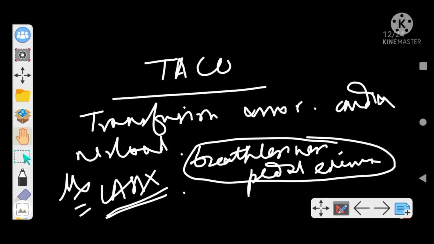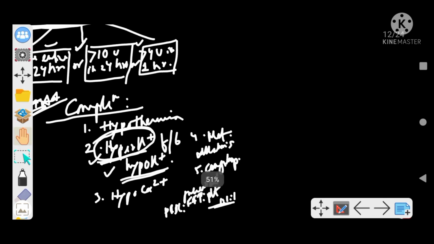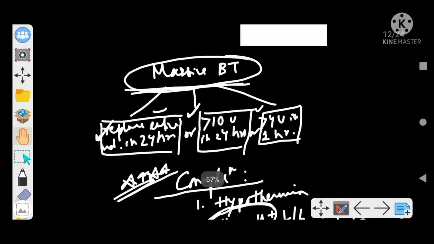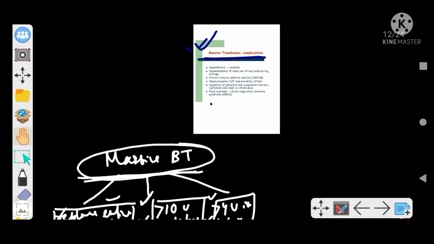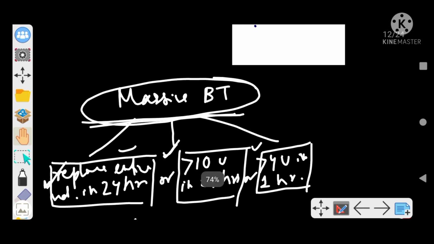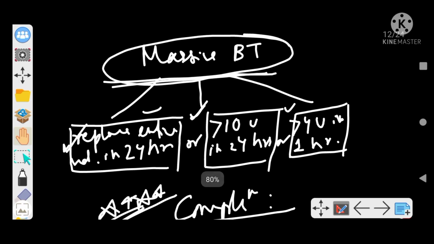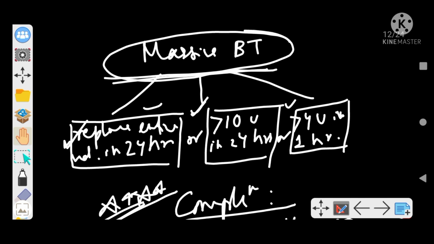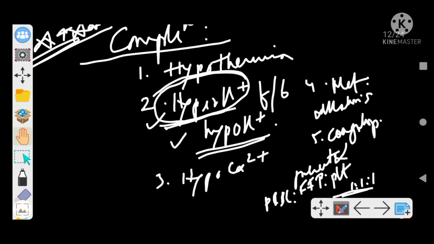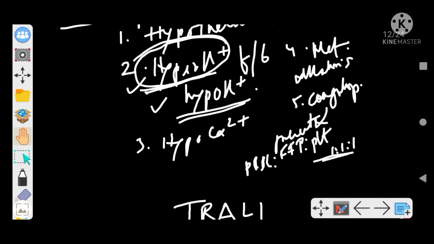So we will revise all the important points once again. First of all, we discussed hypovolemic shock, and then we came to massive blood transfusion. It is a replacement of entire blood volume in 24 hours, or more than 10 units in 24 hours, or more than 4 units in 1 hour. Complications are hypothermia, hyperkalemia followed by hypokalemia, hypocalcemia, metabolic alkalosis, coagulopathy.